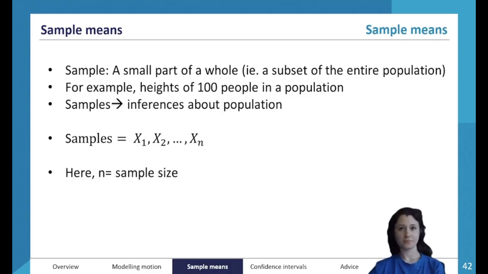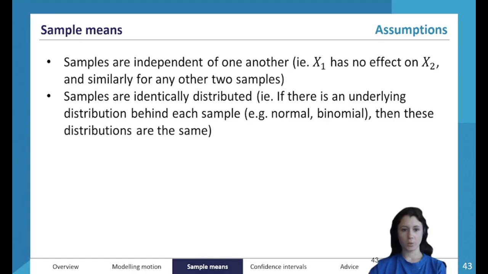Alright, so we can actually make multiple samples, and this is where the content that we do in Specialist differs a little bit to that in Methods. Because in Methods, we're more so looking at one sample. In Specialist, we actually look at taking multiple different samples.